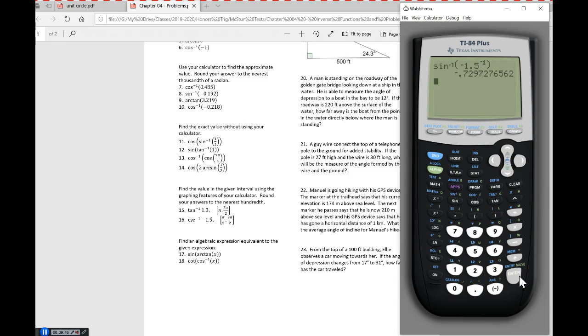So I get this. Not what I'm interested in, right? So maybe I just keep adding 2 pi until I get something that falls in that range of values. Uh-oh. It's too big, right?